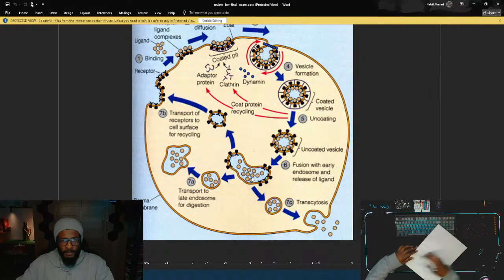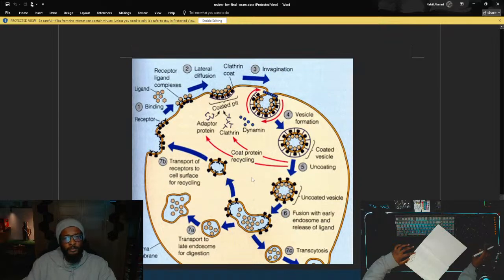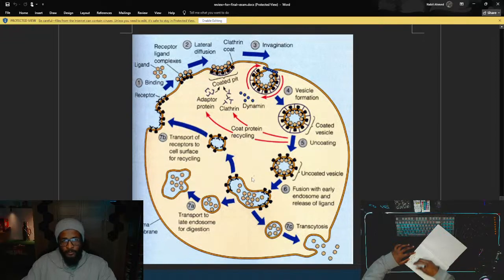So let's put it simply. Ligand binds to receptor. Then lateral diffusion. Then invagination, and then vesicle formation.